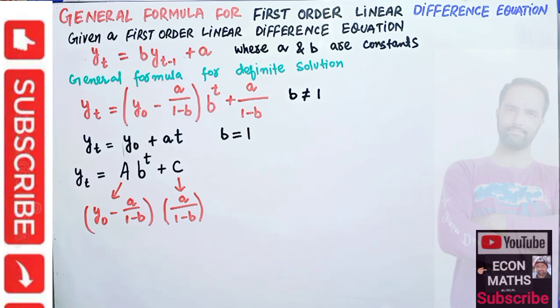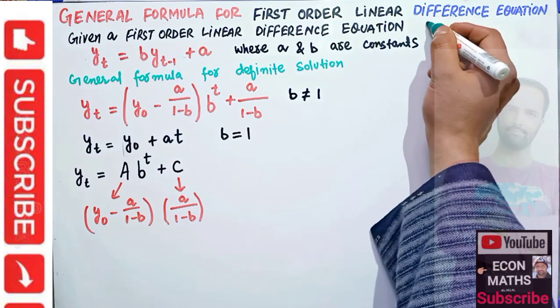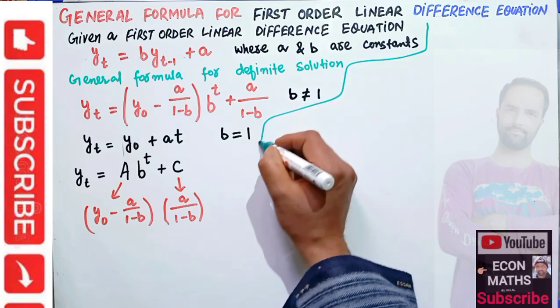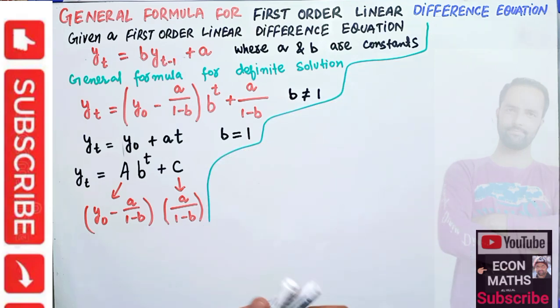Let's give an example, it will make more sense. Remember this is the third video on this difference equation. You can check out the basic concepts in videos first and second.